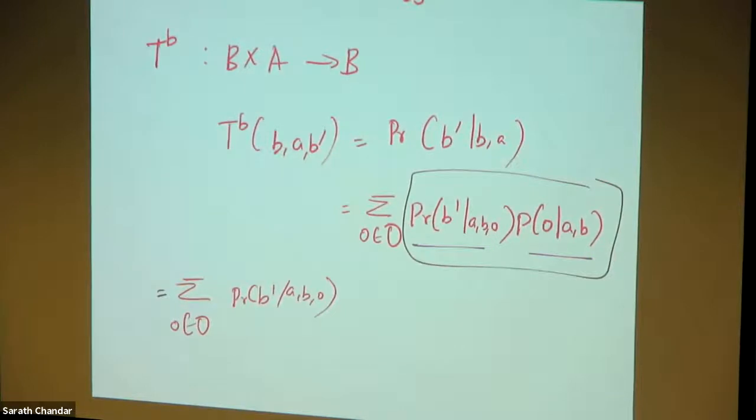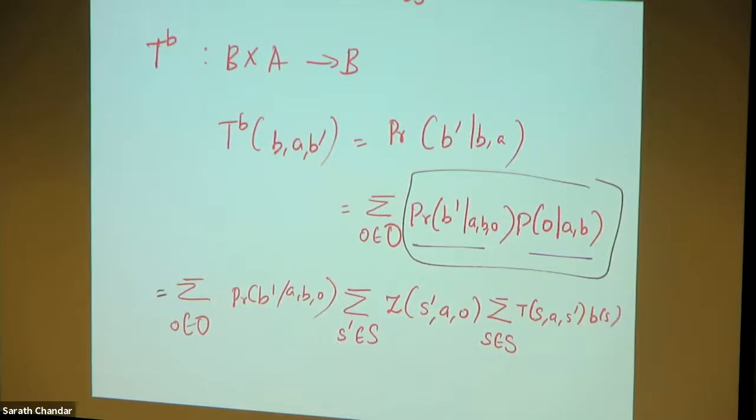Now let's take the probability of the observation given A, B. This is nothing but a summation over all possible states of the probability that I will make this observation given the state is S dash, and then the summation over all possible states of the transition from S, A to S dash multiplied by B of S. Is that clear?